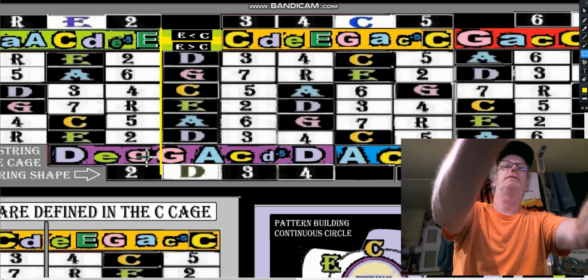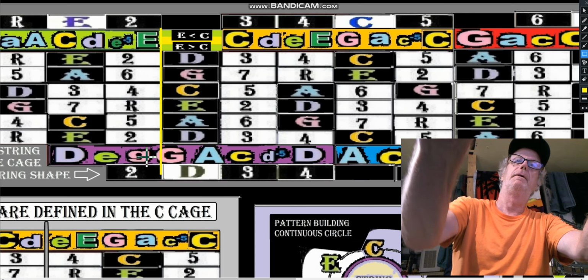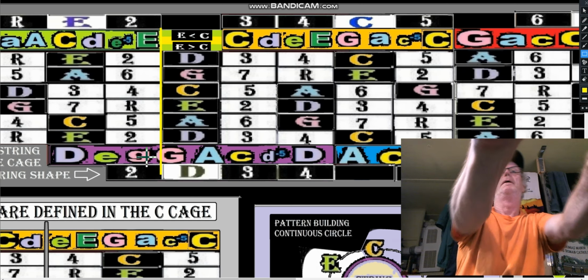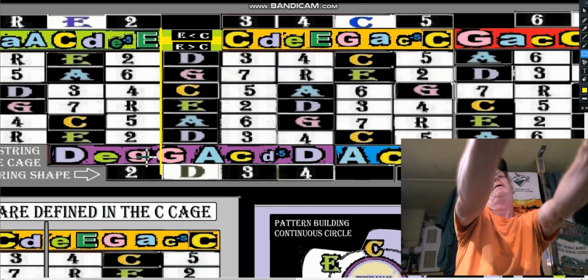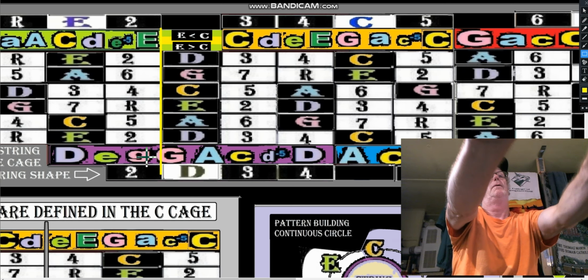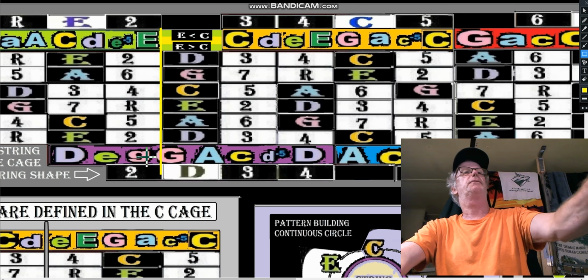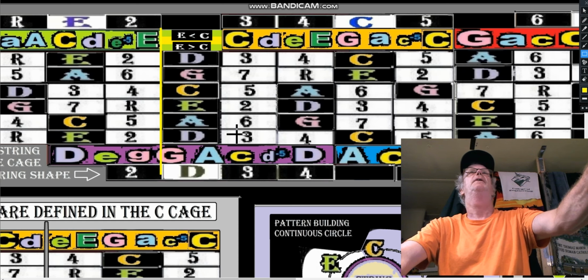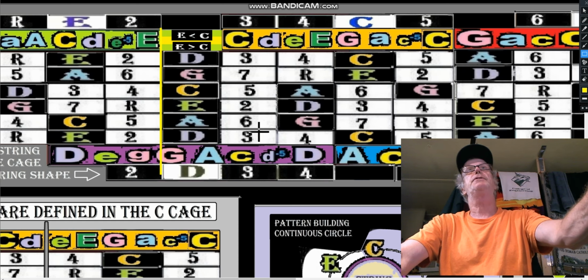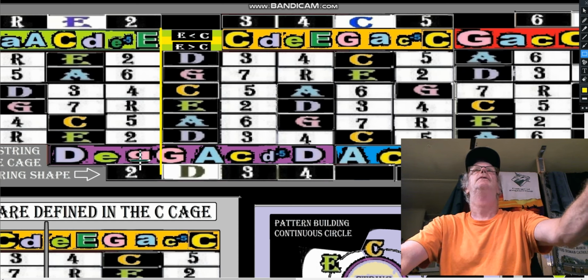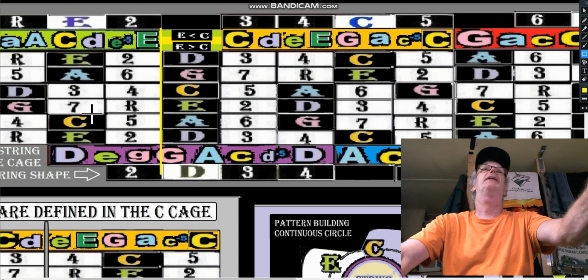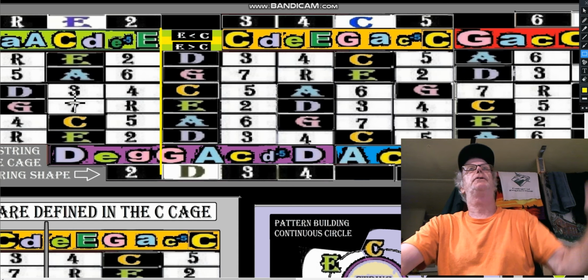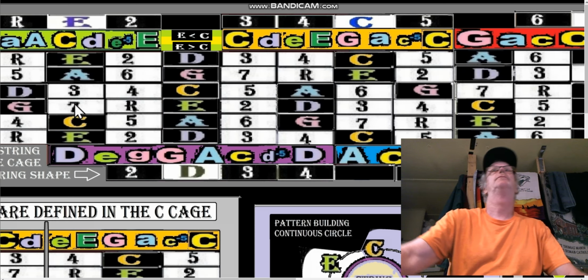There's your Phrygian. Okay, so it's 3, 5, 7. It's going to be in a root position in G minor, but we cannot get that 7. So we're going to talk about that today.